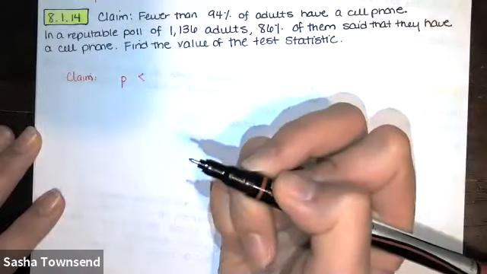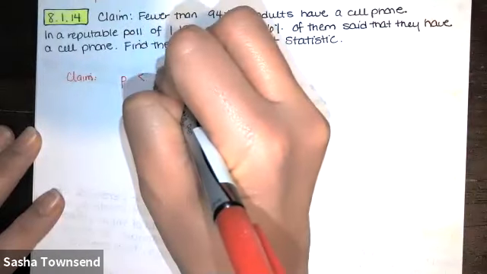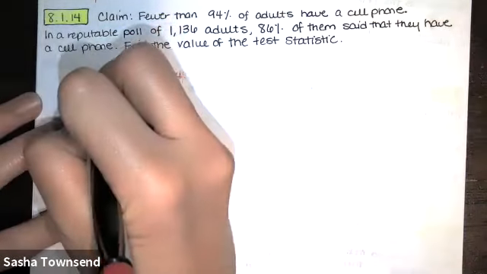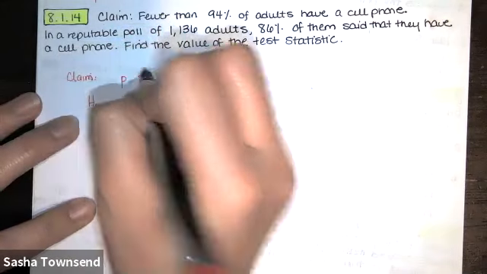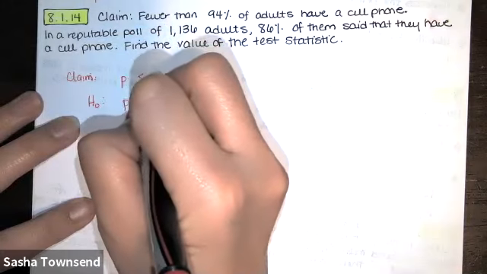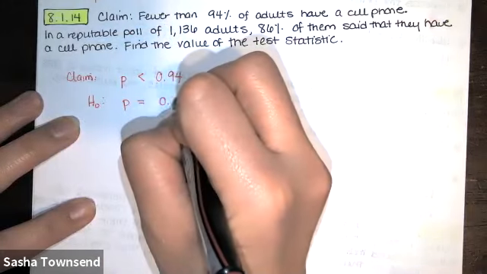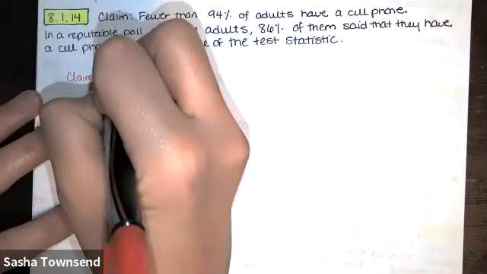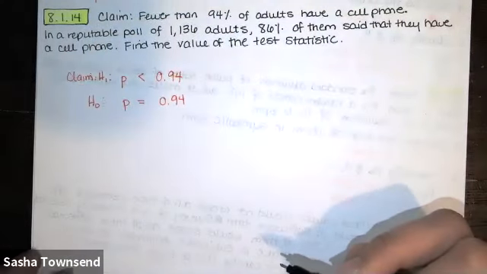So the claim is that P is less than 0.94 if we write that percentage in decimal form. And then since that does not have a condition of equality, the null hypothesis is P is equal to 0.94. And that would mean that our claim is the alternative hypothesis.